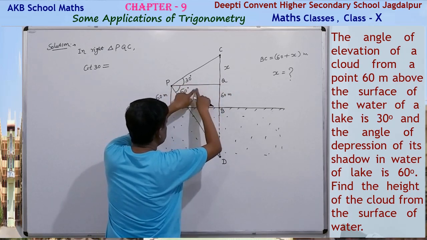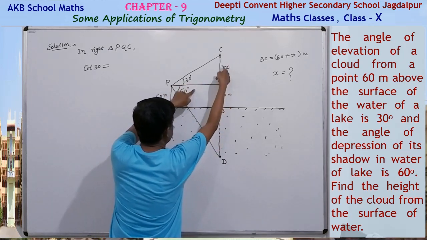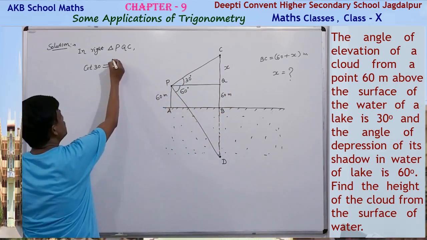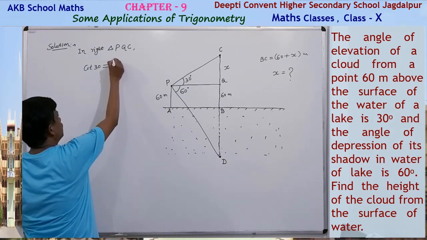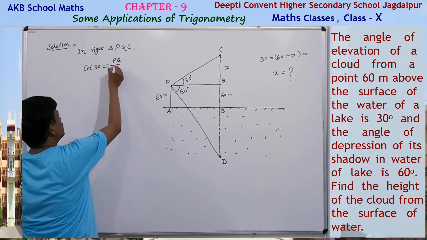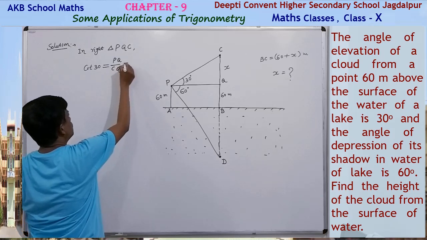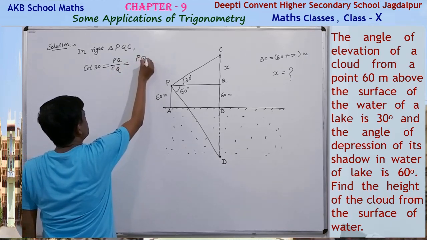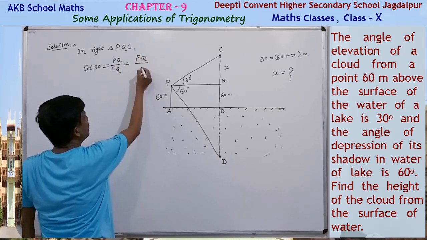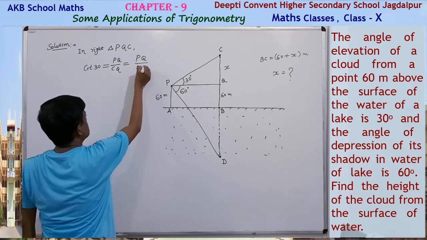So base by perpendicular, that is PQ by CQ. CQ means x.